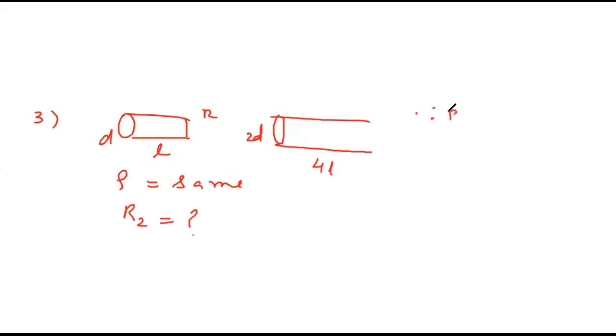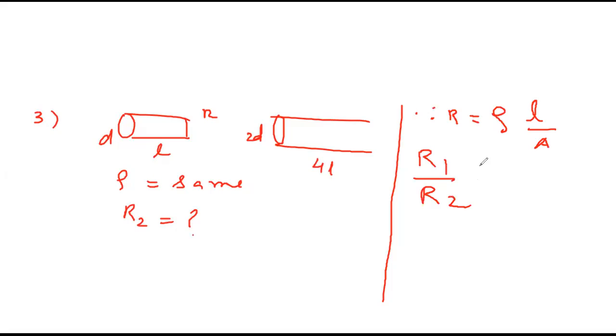What is the formula for R in terms of length? Rho L by area, correct? Yes, sir. Now same material, so rho is the same, so R1 upon R2 will be L1 upon L2 into A2 upon A1.